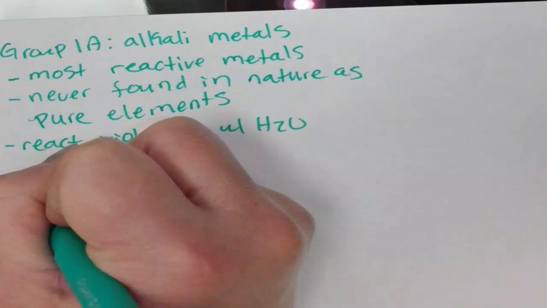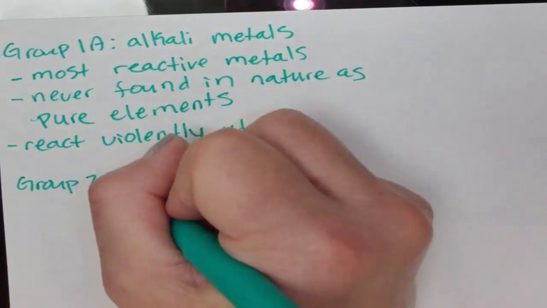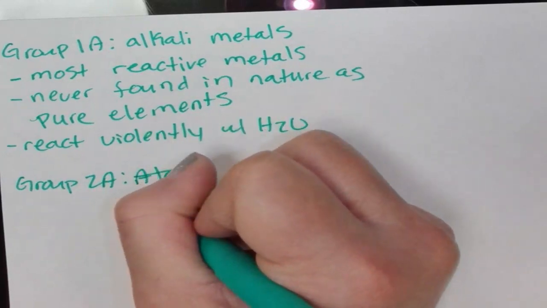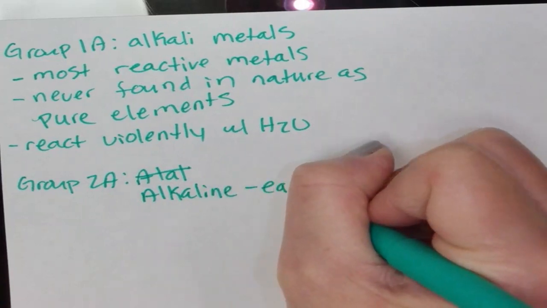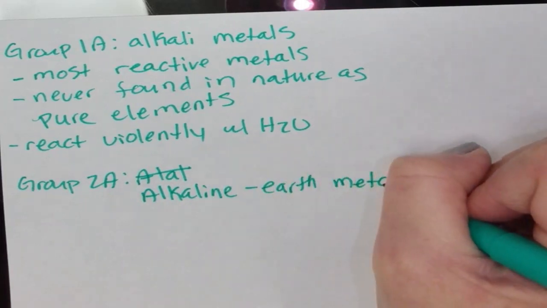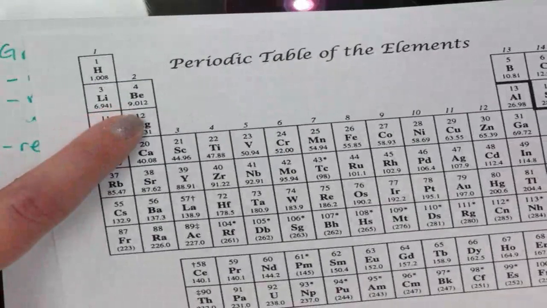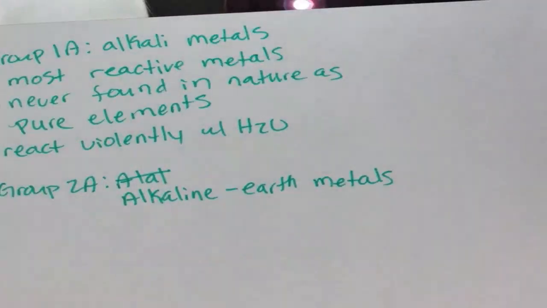Group 2A. These are our alkaline earth metals. All right, and group 2A is right here, 2 valence electrons.